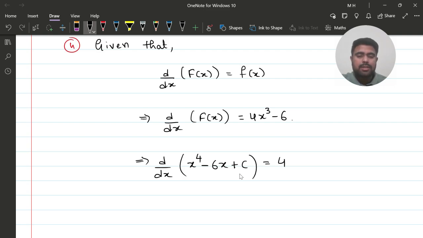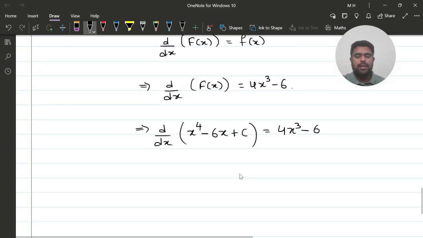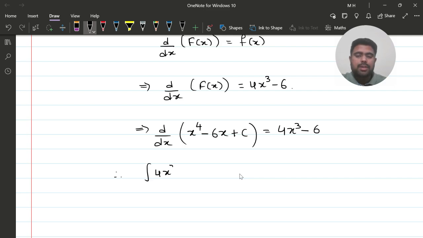Still I will get, under x raised to 4 the derivative is 4x cube, minus 6x the derivative is 6, plus c the derivative is 0. This is what I am going to get. Therefore what can I say is the integral of 4x cube minus 6 dx is equal to x raised to 4 minus 6x plus c.